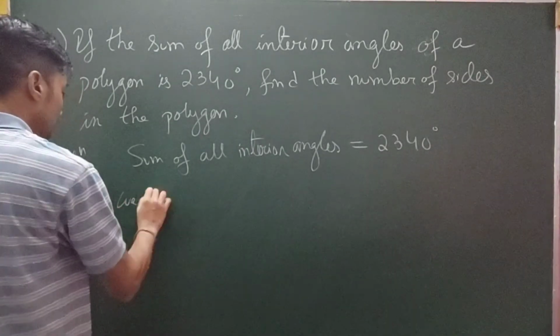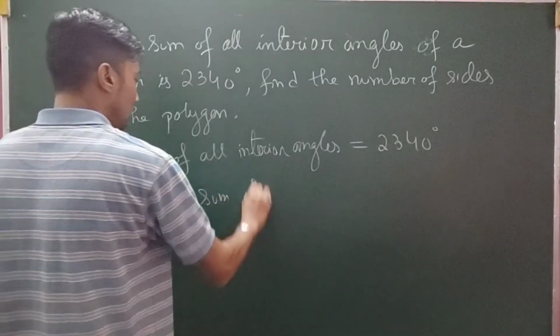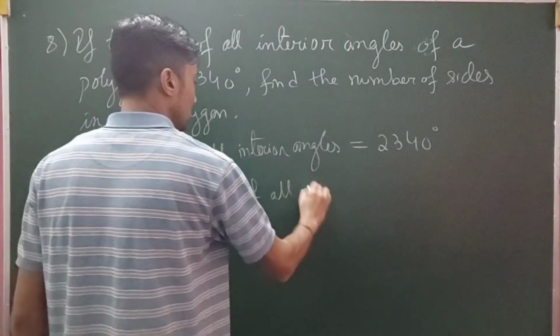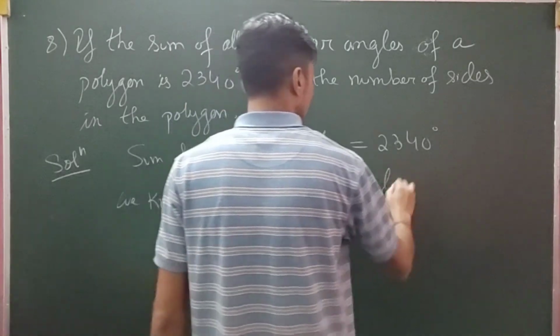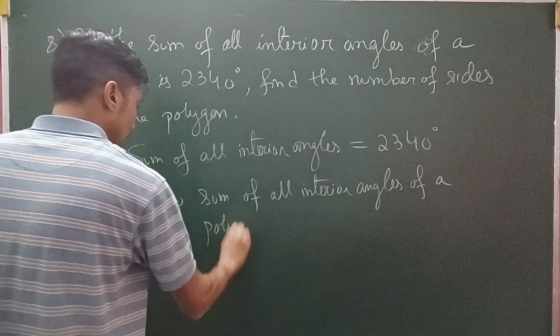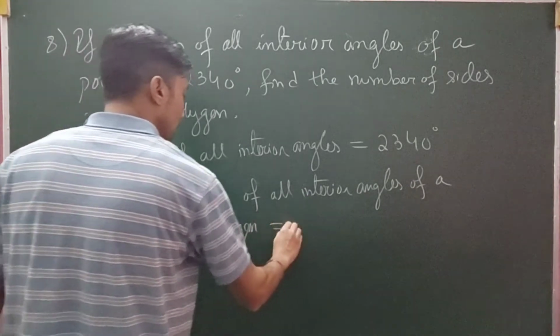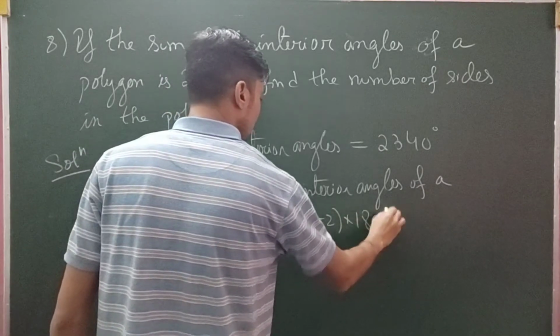But we know, in the first question we did today, the sum of all interior angles of a polygon is given by what formula? n minus 2 into 180 degree.